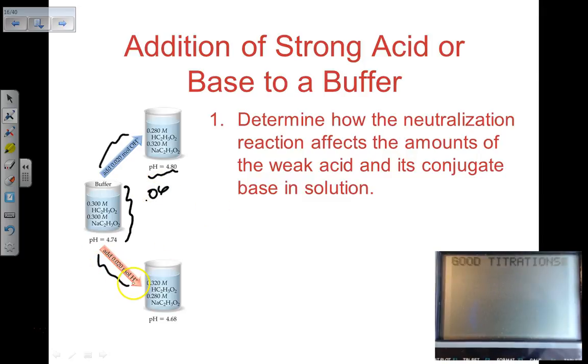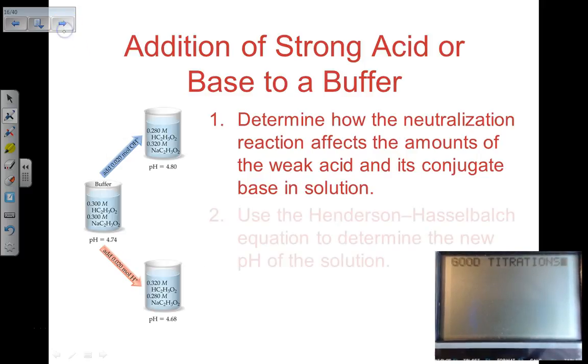And then if we take that same buffer and instead of adding the base, we add the acid, notice that this lowers the pH by 0.06 units. By adding the strong component, the pH doesn't change much, but it still changes, and that's how we know we have a buffer solution.